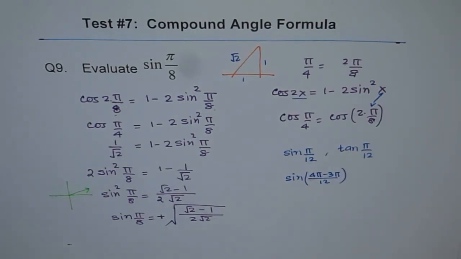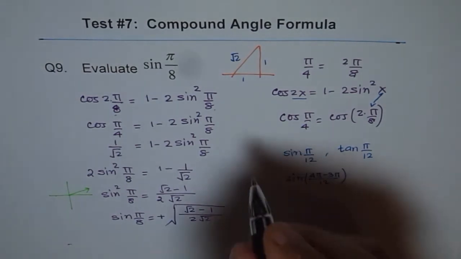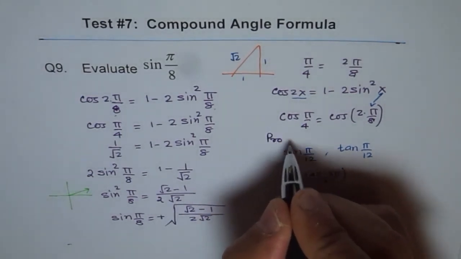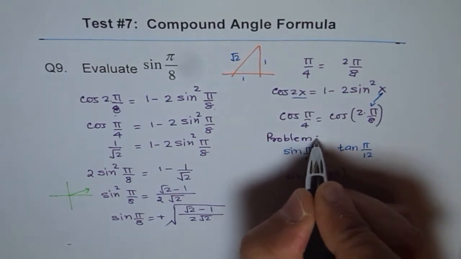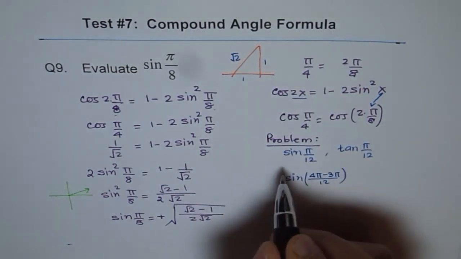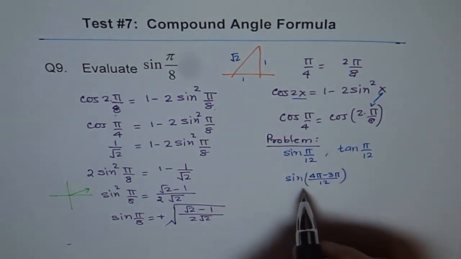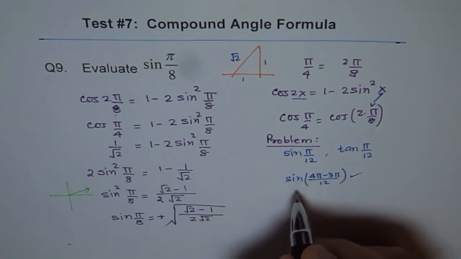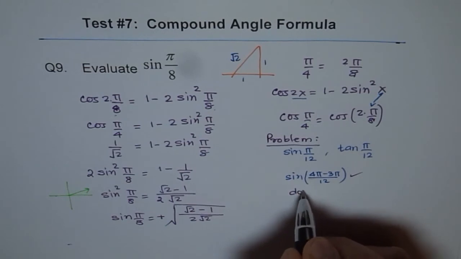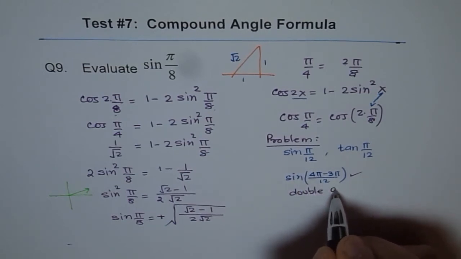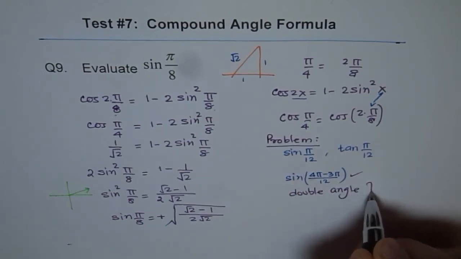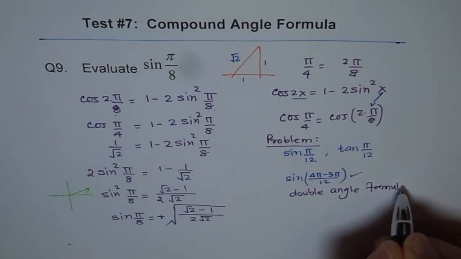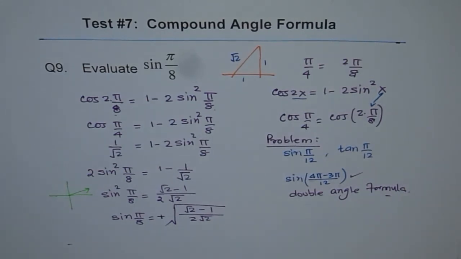And use it. So as an added exercise, an additional problem which you should try for practice is find sine pi by 12 using the compound angle formula and the double angle formula and verify your results. Do you get exactly the same thing or not? Okay, thank you.